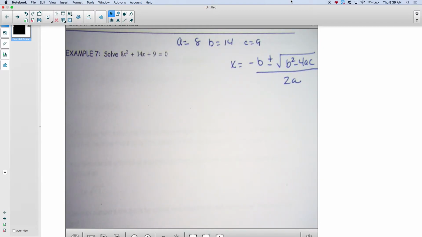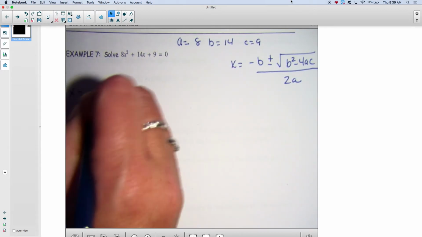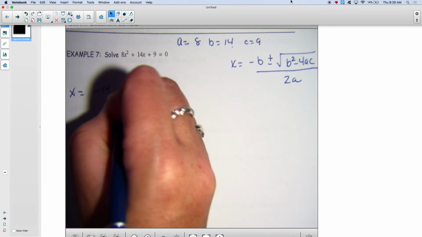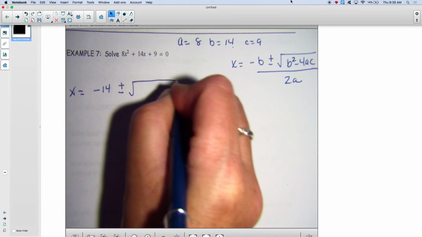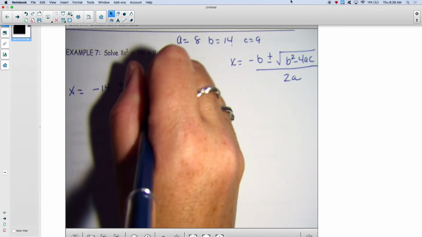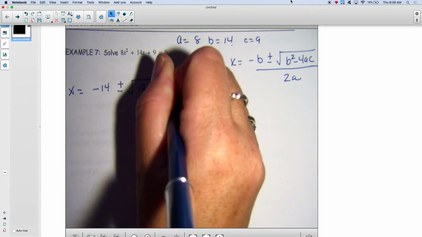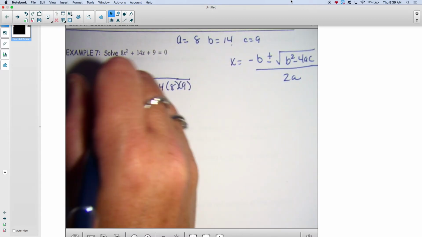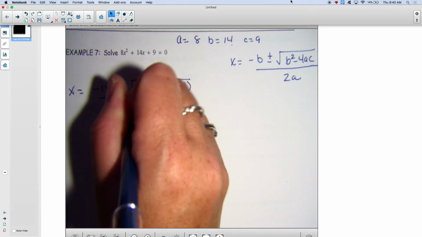All right, are we ready? Okay, x equals negative b. Well, b is 14, so it's going to be a negative 14. Plus or minus. What's 14 squared? 196. Minus 4 times a times c, all over 2 times a.